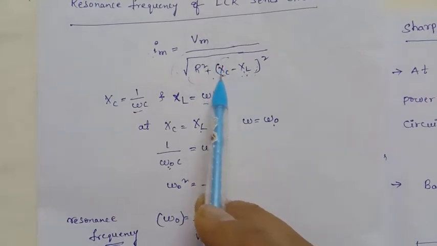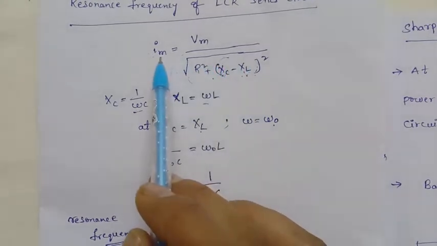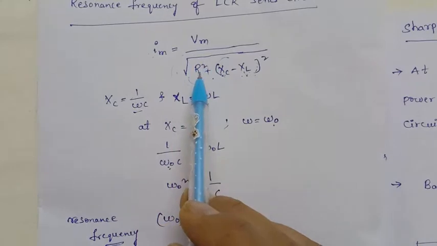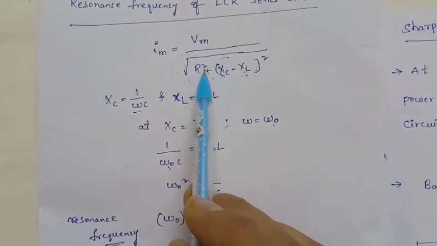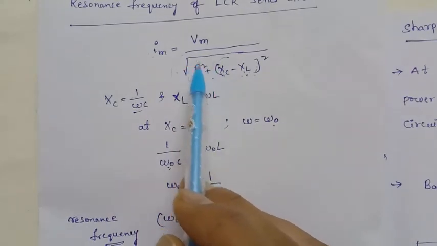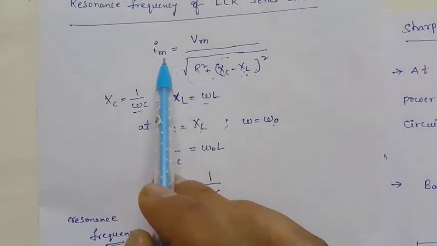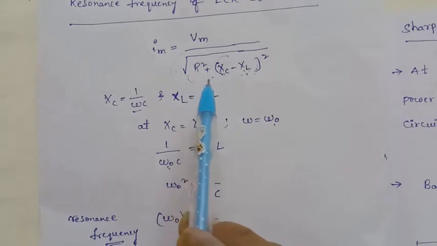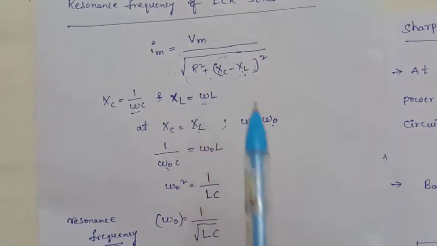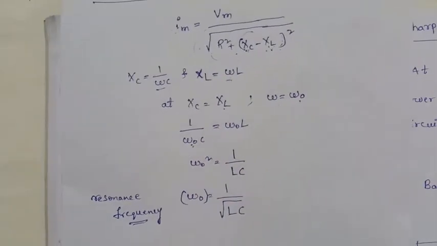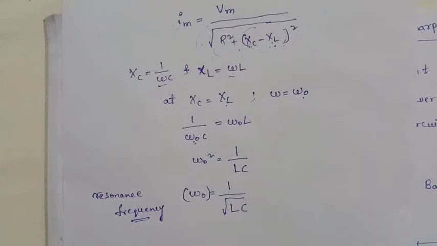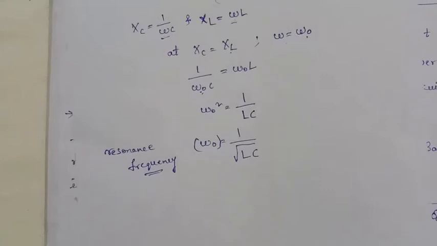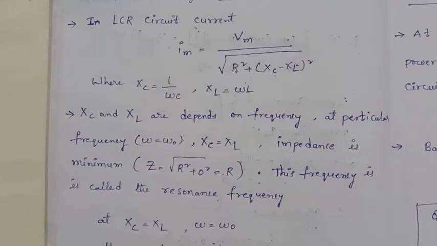Simply we get Im is equal to Vm upon only R, since root and square get cancelled. That means impedance is minimum, and that frequency is called the resonance frequency.